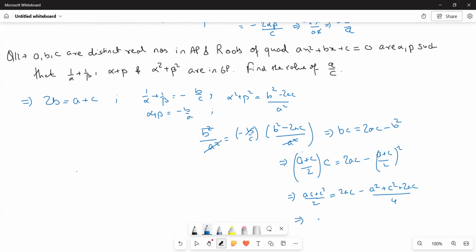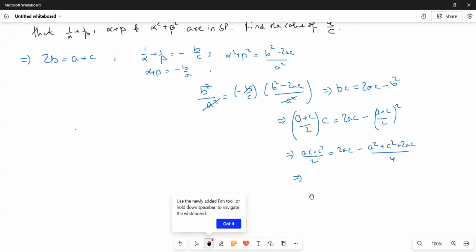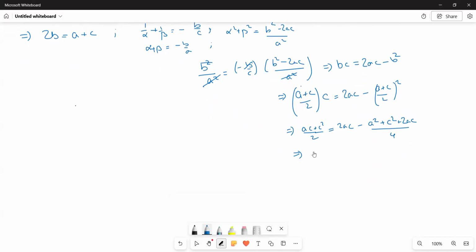Now, if we take everything on the same side, we will have A square plus C square plus 2AC by 4 plus AC plus C square by 2 minus 2AC is equal to 0. Now, taking the LCM, this will end up becoming A square plus C square plus 2AC plus 2AC plus C square minus 8AC is equal to 0.